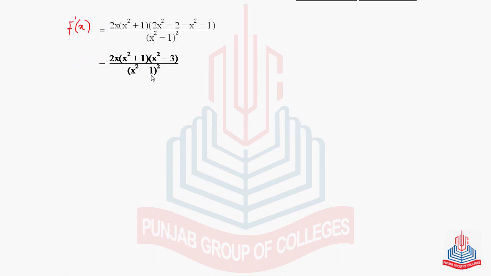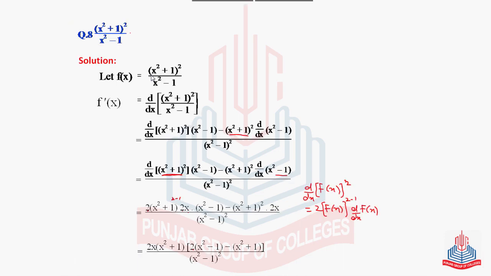The final thing we want to explain is why we are not applying a simplification technique here. If we apply simplification here, that will be x to the power 4 plus 2x square plus 1, divided by x square minus 1. So we can see there is no simplification by applying the square formula on f of x.